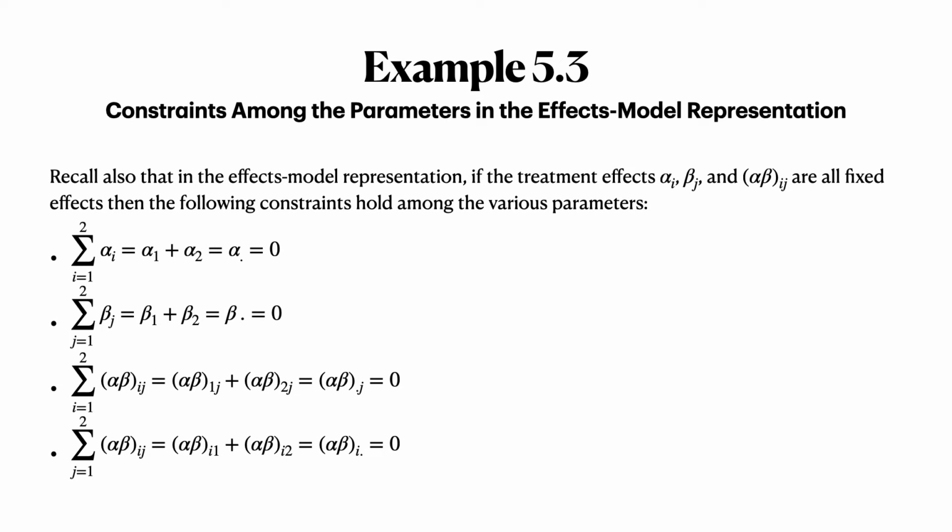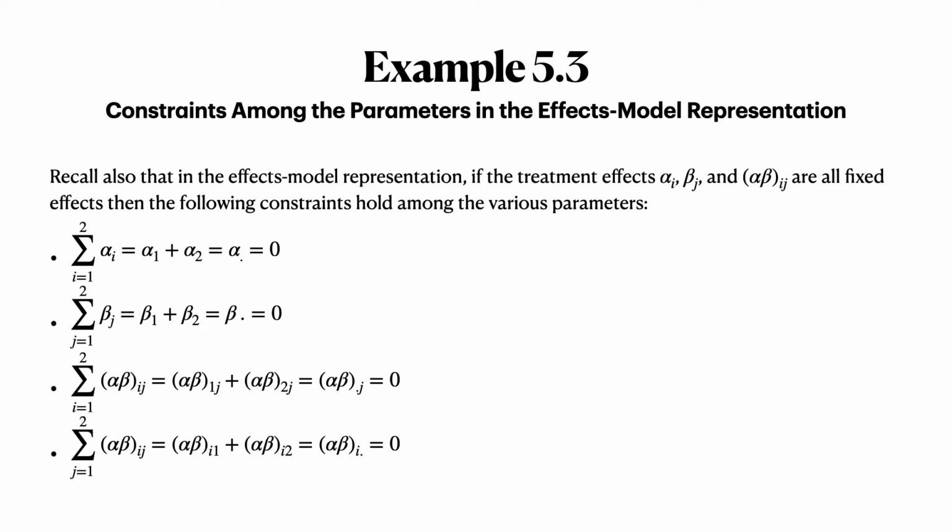Now recall also that in the effects model representation, if the treatment effects, the alpha sub i's, the beta sub j's, and the alpha beta ij's, are fixed effects, then the following constraints hold among the various parameters. So the alphas sum to 0, that is, alpha 1 plus alpha 2 is equal to 0. The betas sum to 0, so beta 1 plus beta 2 is equal to 0.